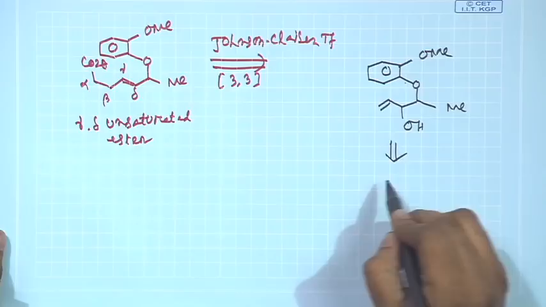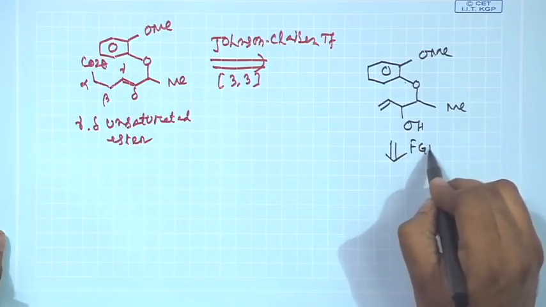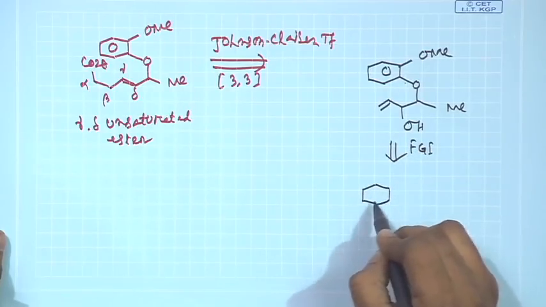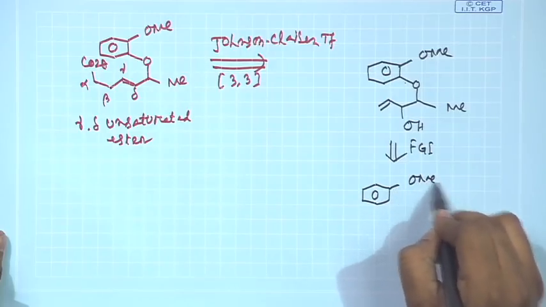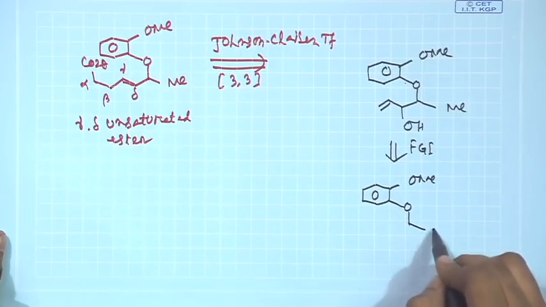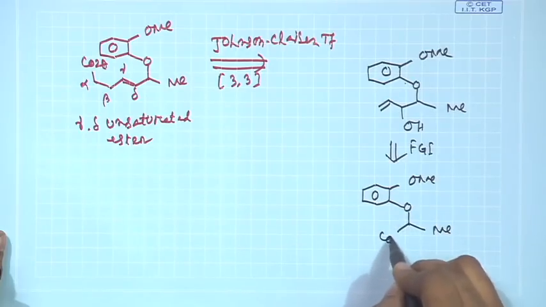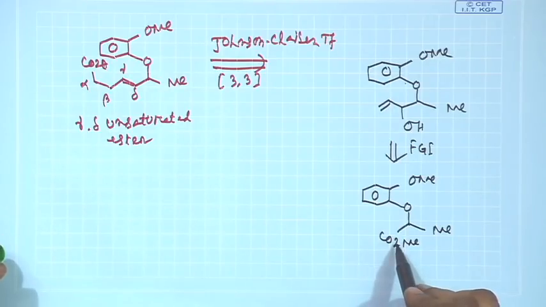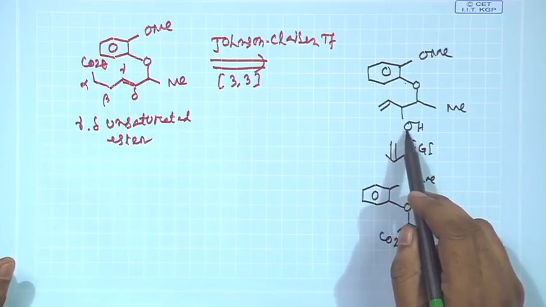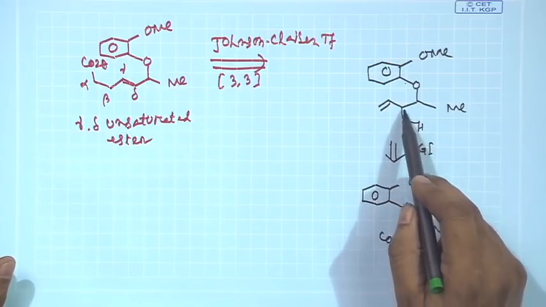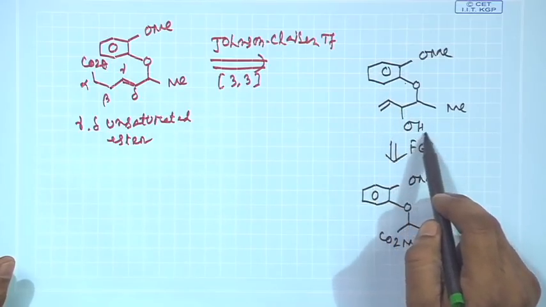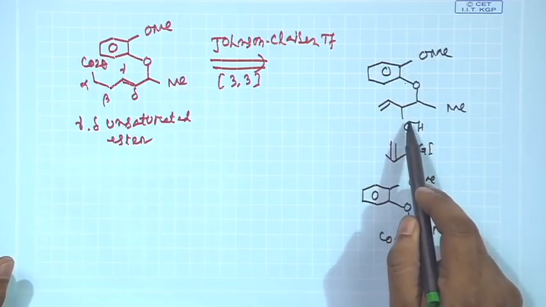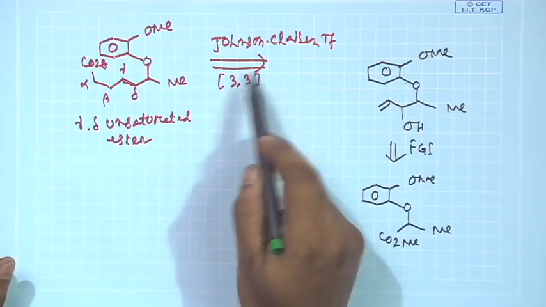Now you do some functional group interconversion and come back to an intermediate whose structure is this. We will be doing some FGI on this ester part. This ester can be reduced to the corresponding aldehyde. This aldehyde will then undergo vinyl magnesium bromide addition to give you the allylic alcohol. This is the intermediate for the Johnson-Claisen transformation.